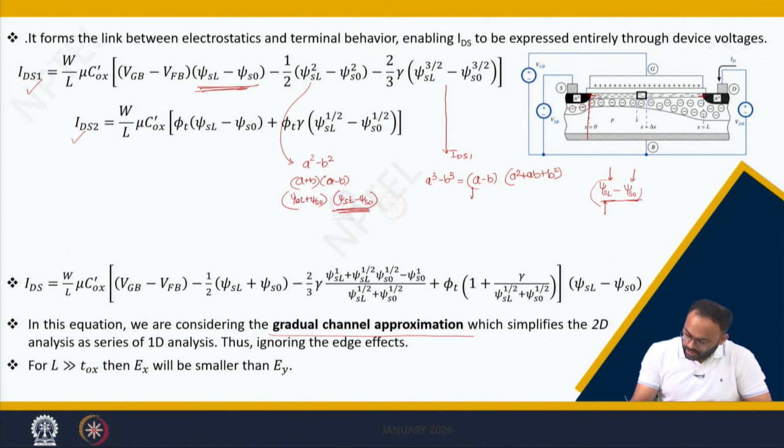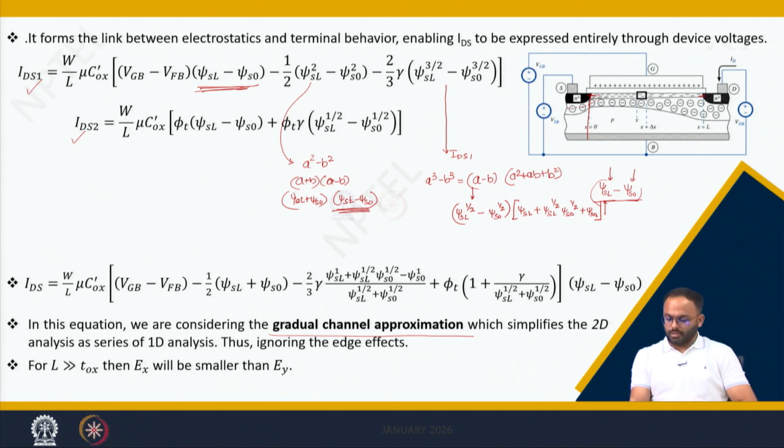Here a is psi SL to the power 1 by 2 and b is psi S0 to the power 1 by 2. So, this can be written as psi SL plus psi SL to the power 1 by 2 psi S0 to the power 1 by 2 plus psi S0 to the power 1 by 2 whole square, meaning psi S0.